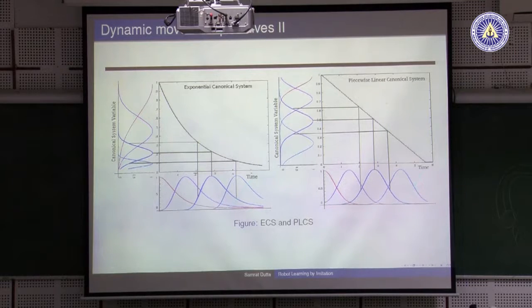Now, the problem is here: when Z is exponential, if we map it over time, we see that in the time domain the Gaussian kernels were placed at similar intervals, but when transferred back to the Z domain, all the kernels collapse toward the end, because the length in time is greater in this region.